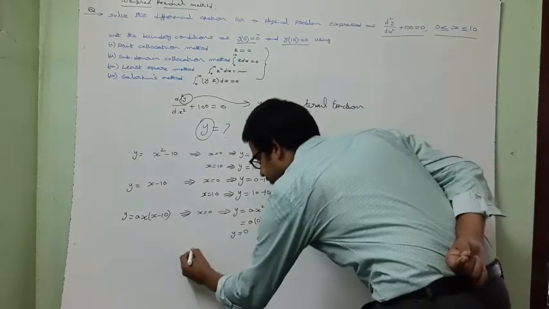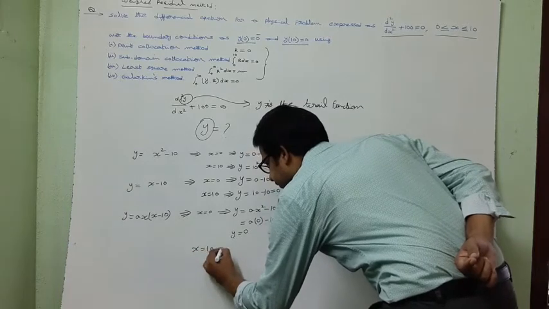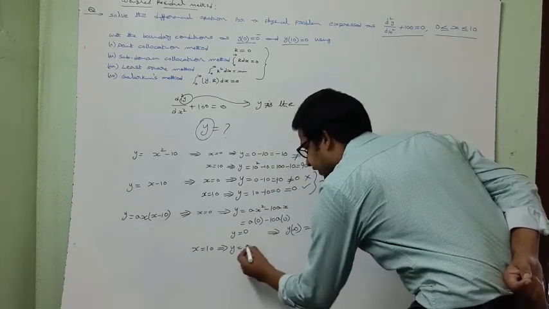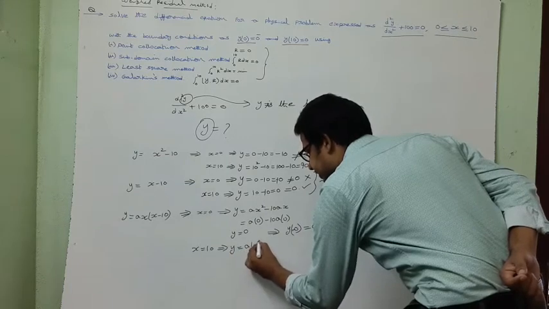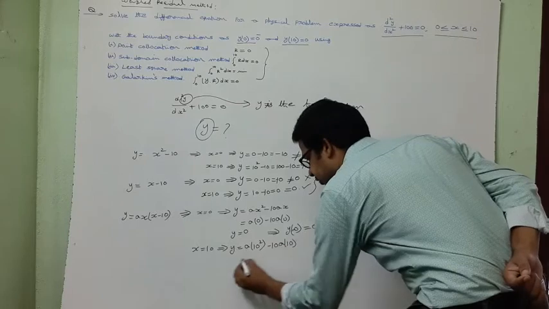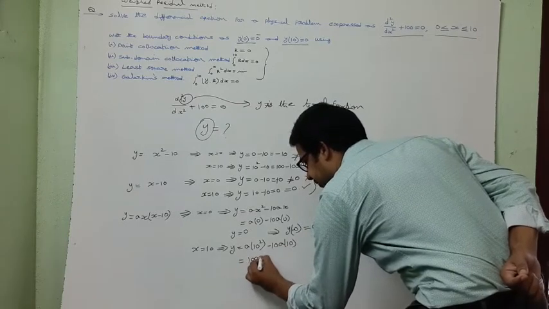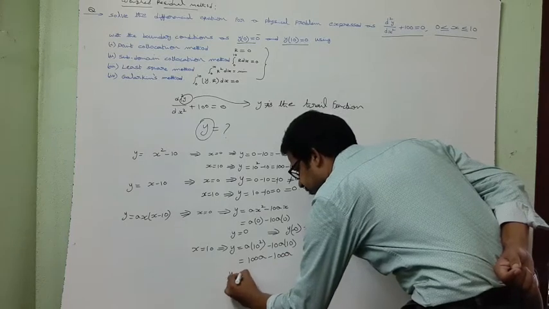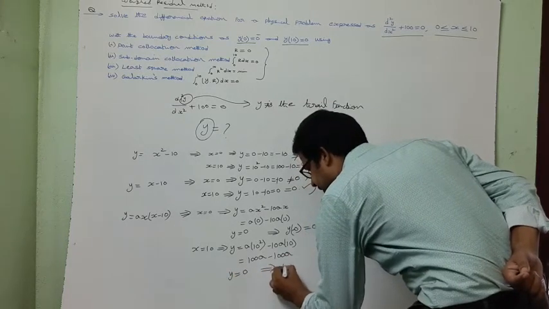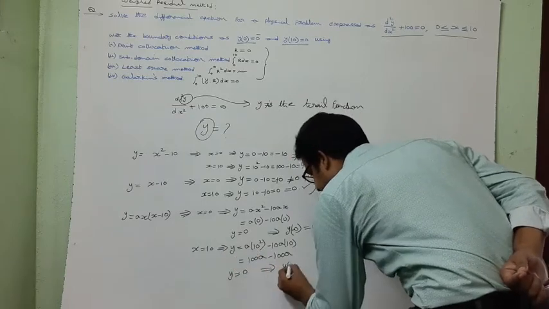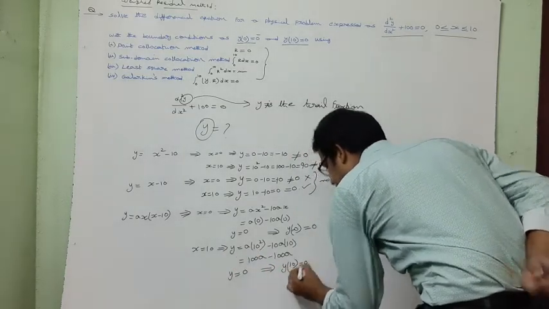Coming to the next one, x = 10: y = a·10² − 10a·10 = 100a − 100a = 0, so y(10) = 0.